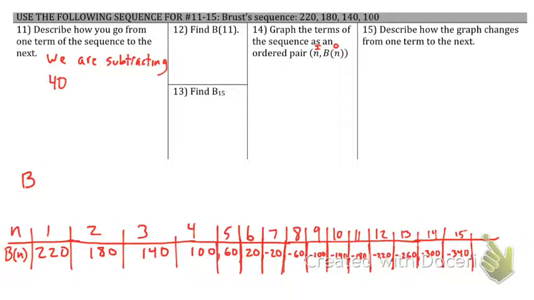So what we want here is B11. So what that means is if I find the 11th term in my function B, it would give me negative 180. So function B with the 11th term is going to be negative 180.